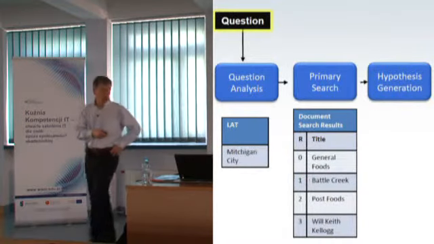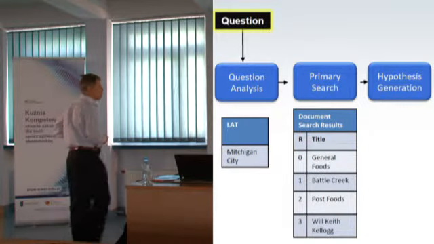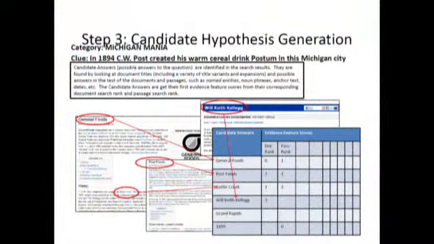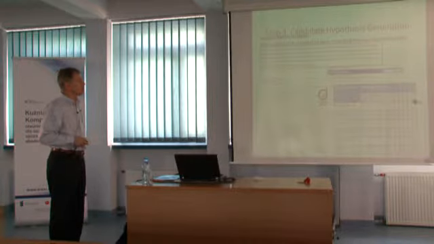So let's assume that we simply have these 4 candidates: General Foods, Battle Creek, Post Food, and Will Keith Kellogg, yes? Now we can try to combine certain types of evidence. In particular, we have document rank, so how high in the search results did we get General Foods?